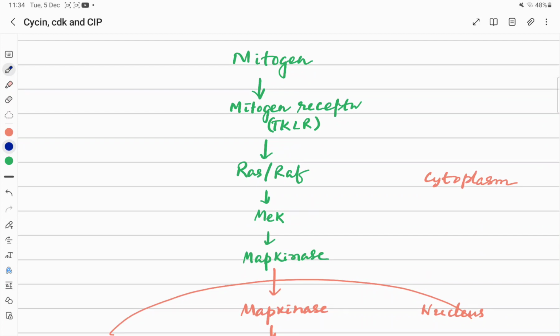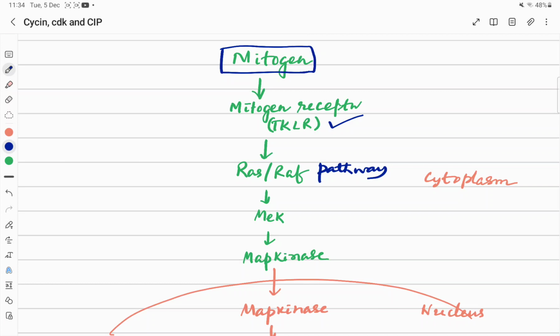For cell division, the stimulus is a mitogen, which acts on the mitogen receptor, which is a tyrosine kinase linked receptor. So there will be dimerization, and the RAS-RAF pathway is followed. RAS GDP is converted to GTP, an exchange will be there. You can follow our RAS-RAF pathway, tyrosine kinase linked receptors.